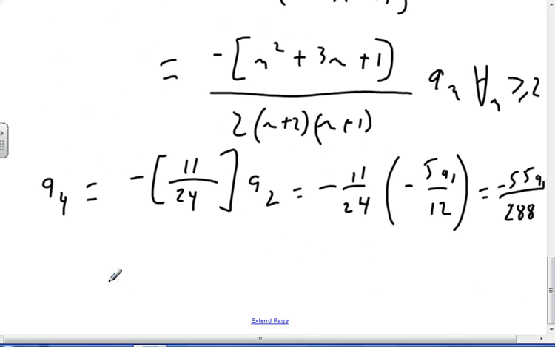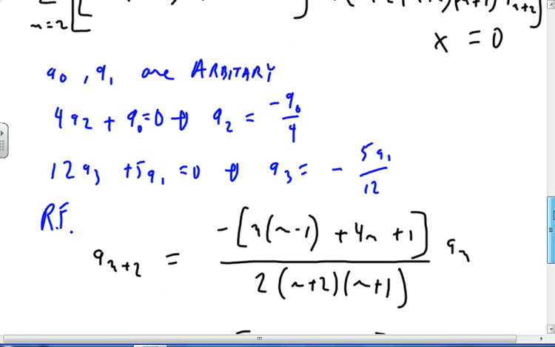I guess I'll have to go to A5. A5, so n is equal to 3. 9 plus 9 minus 19 divided by 3. 5 times 4, which is 20. 20 times 2 is 40, times A3.